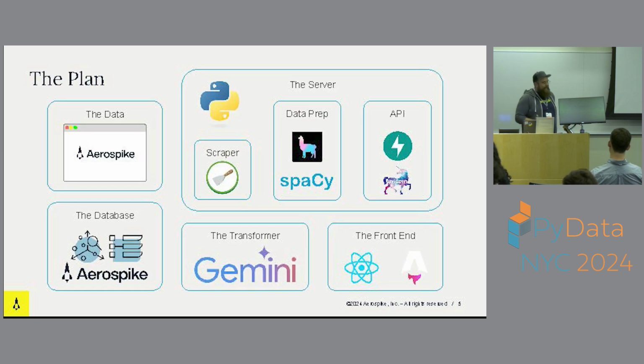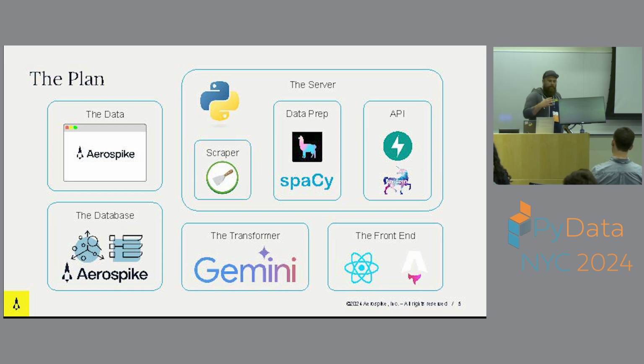So our plan, we're basically taking the entirety of aerospike.com plus a little side bit of a support knowledge base, and we are scraping all of that data. We're using Scrapy, which is a Python library for scraping websites, and it works really well.